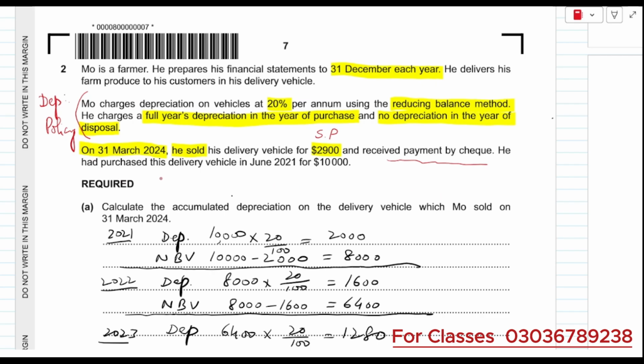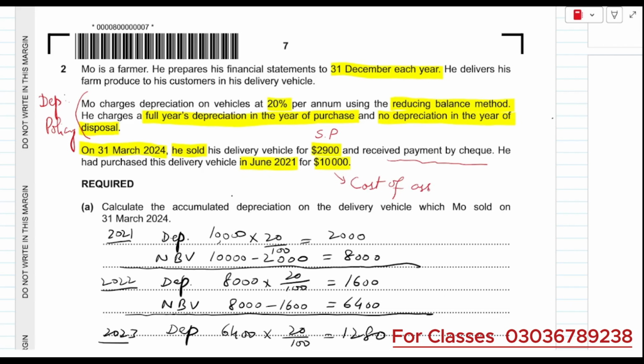He had purchased this delivery vehicle in June 2021 for 10,000. Now this is about the cost of the asset and its purchasing date. So this is the cost of the asset.